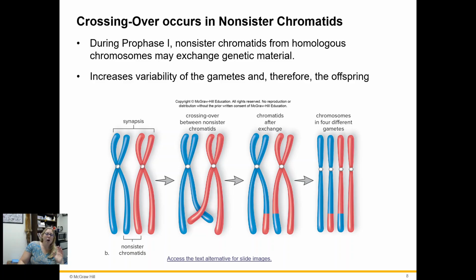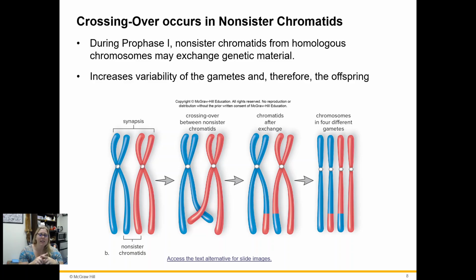However, when our homologous pairs find one another, what they can do, they don't have to, and this can be variable, which can obviously then increase the randomness of genetic variation, is they can actually have their non-sister chromatids cross over. Where those non-sister chromatids touch is called a synapsis.